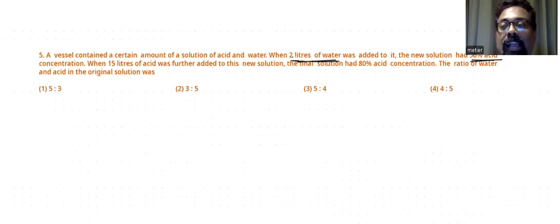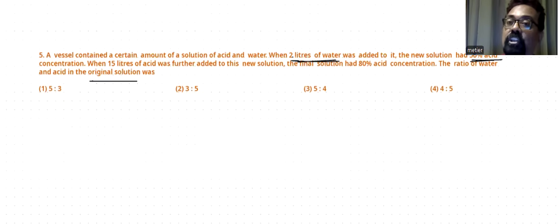So when we add water, obviously the concentration of acid will be less. It means the concentration of acid was more than 50% initially. The question asks for the water-acid ratio in the original solution.